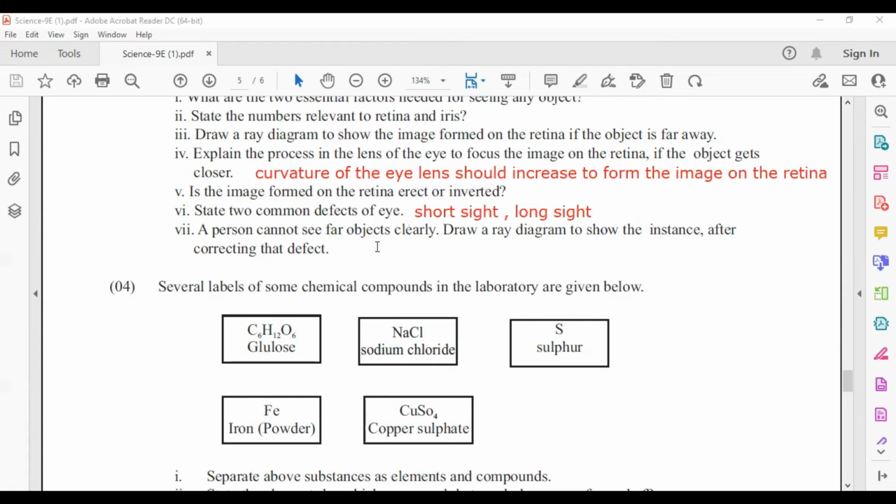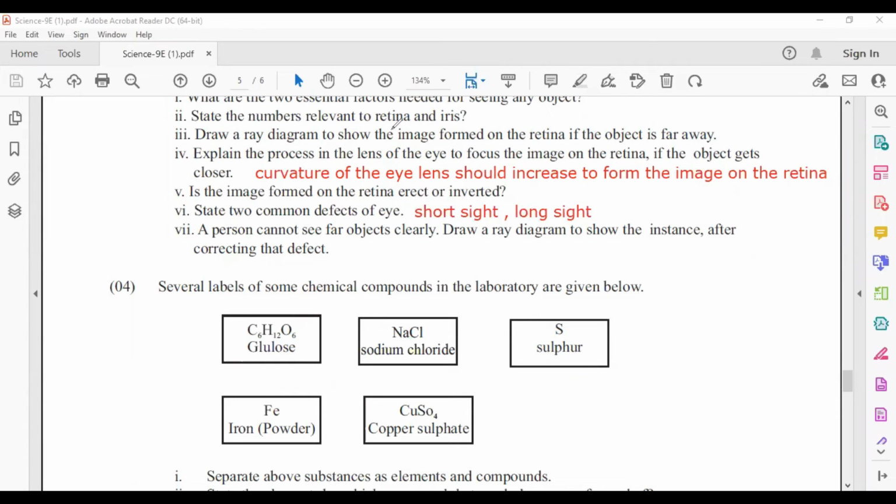A person cannot see far objects clearly. Draw a ray diagram to show the instance after correcting the defect. If anyone cannot see far objects clearly, that person is suffering from short sight. So we have to use a concave meniscus lens to correct short sight.